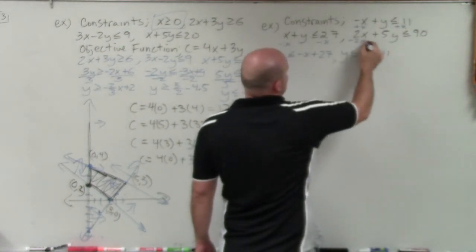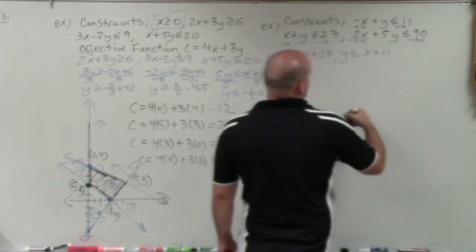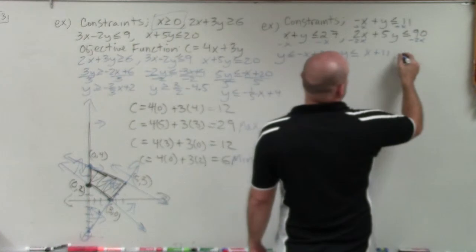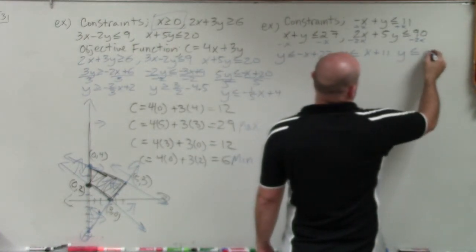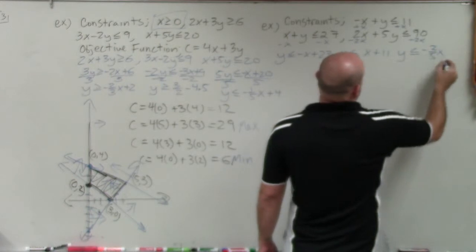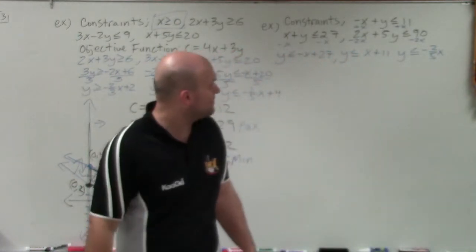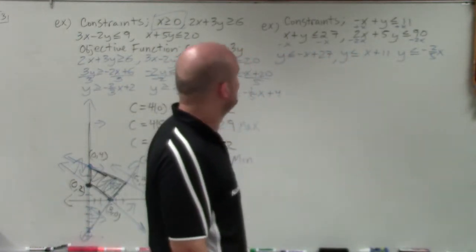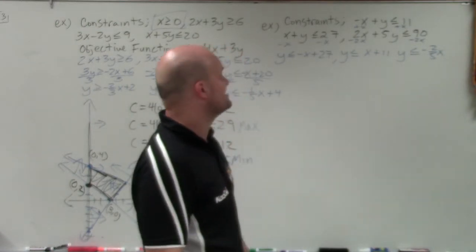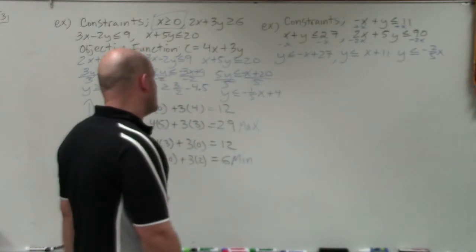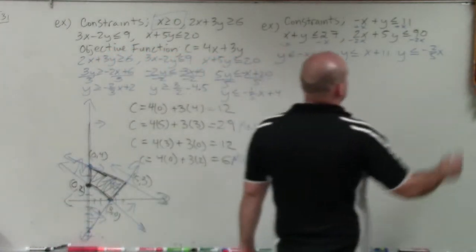And over here, I would subtract 2x on both sides and then divide by 5. So I would be left with y is less than or equal to negative 2/5 x, and then 90 divided by 5 would be 18.